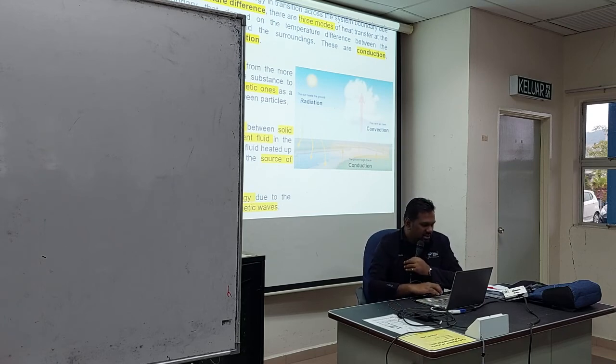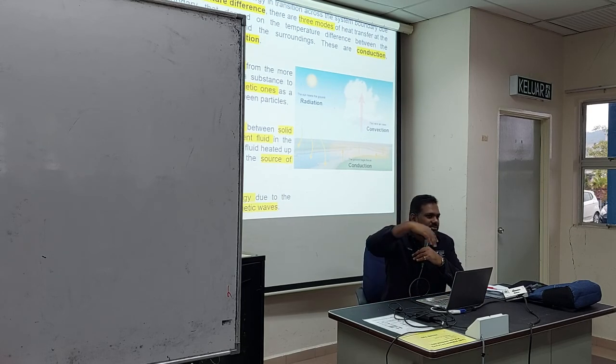Okay, that is conduction. Sebab itu dekat sini ditulis interaction between the particle, the interaction between two medium. Okay, macam ni charger I letak atas table, so ada dua medium. Okay, conduction. Convection, heat transfer because of the surrounding air.